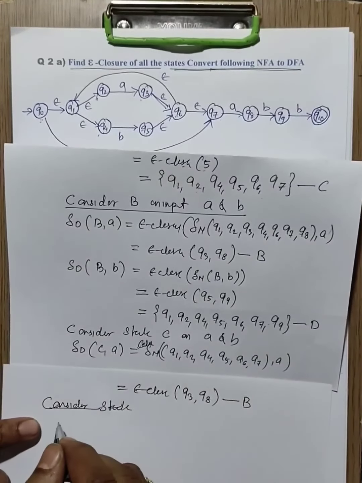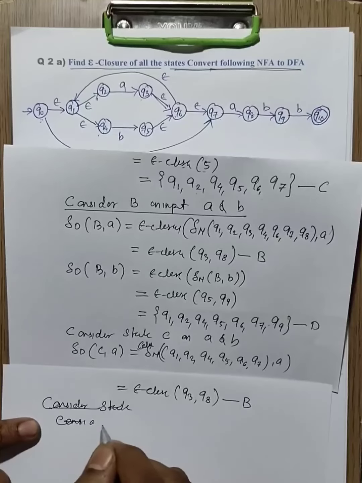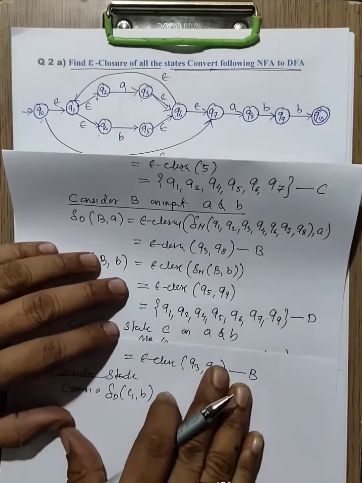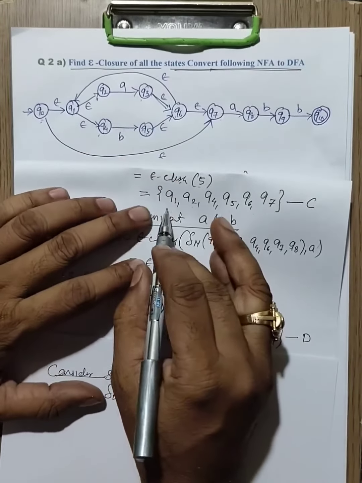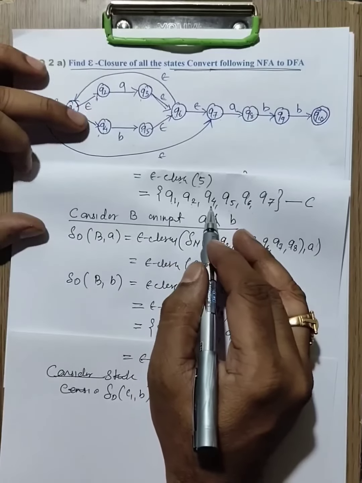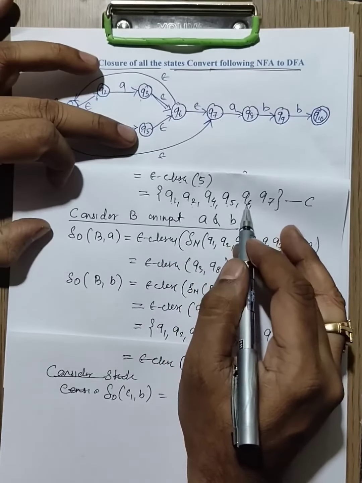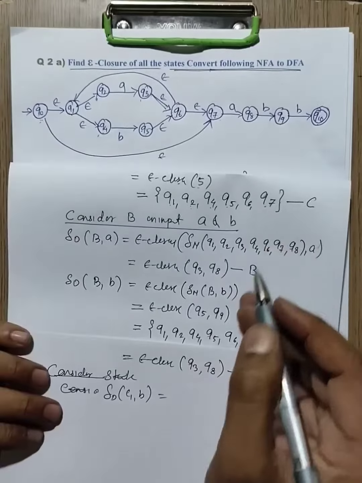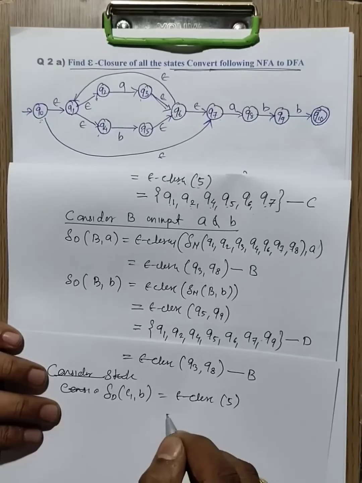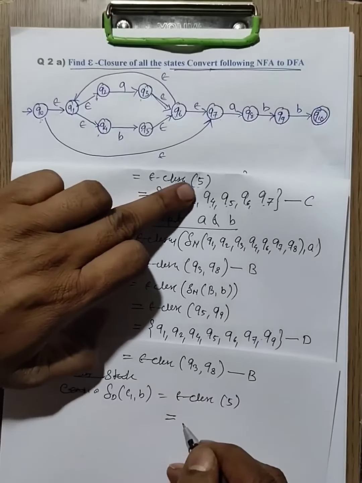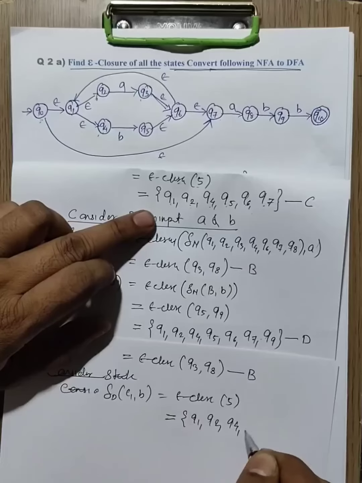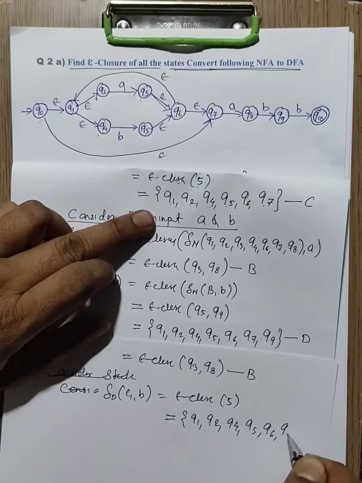Now C on B. C on B, direct you can write C. 1 on B, no transition. 2 on B, no transition. 4 on B is 5. 5 on B, no transition. 6 on B, no transition. 7 on B, no transition. So it is epsilon closure of 5, which is Q1, Q2, Q4, Q5, Q6, Q7.